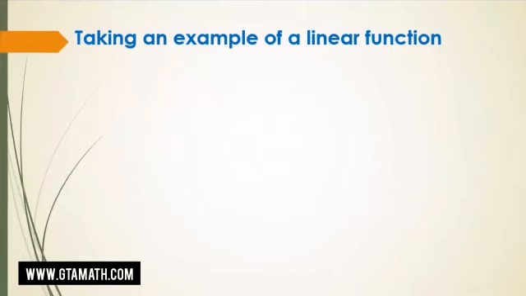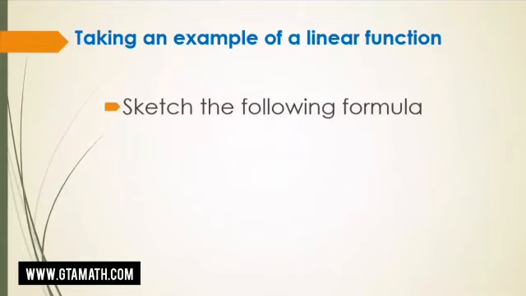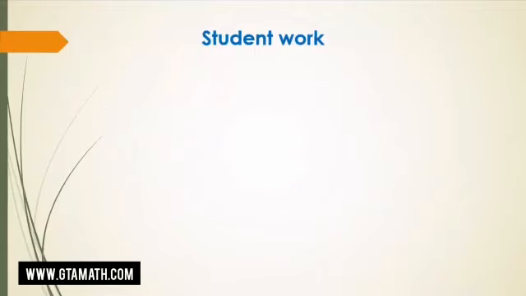Take an example of a linear function and how these things can be applied. Sketch the following formula: 45x plus 55y plus 77 equals 0. First of all, how is these students' work done?